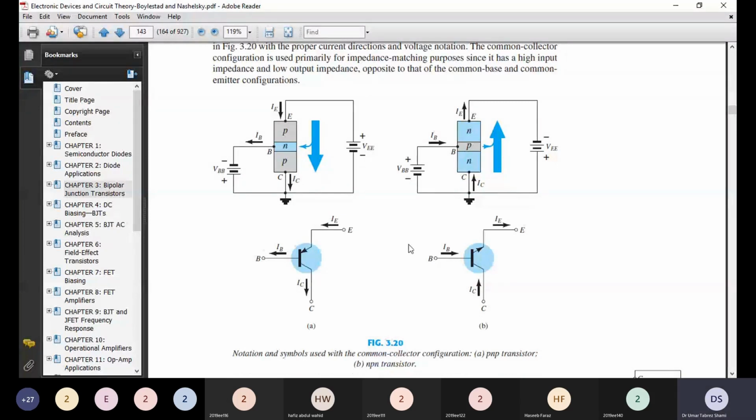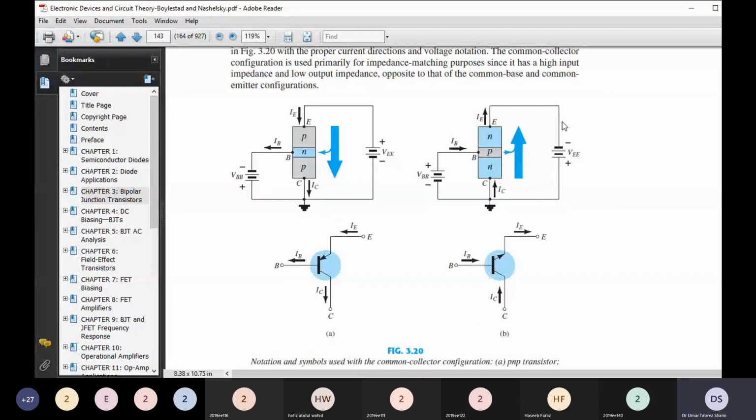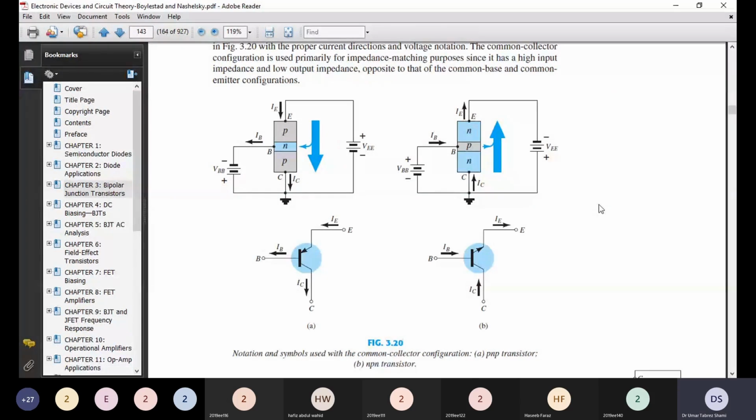Likewise, in part B, we see the NPN transistor connected in common collector configuration, and the currents shown are in the conventional direction of current.